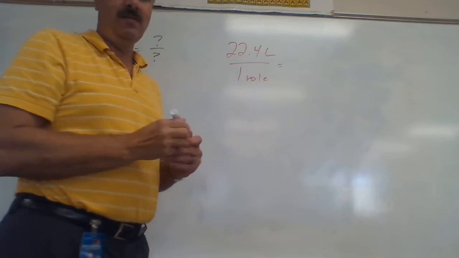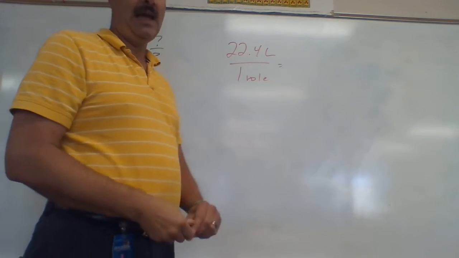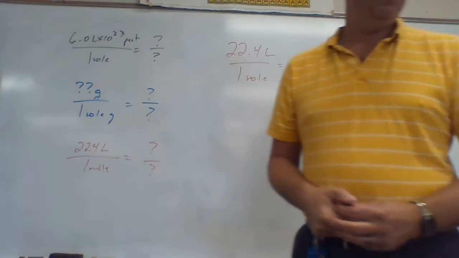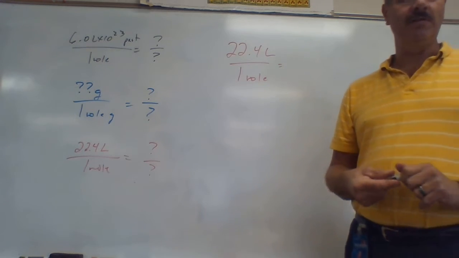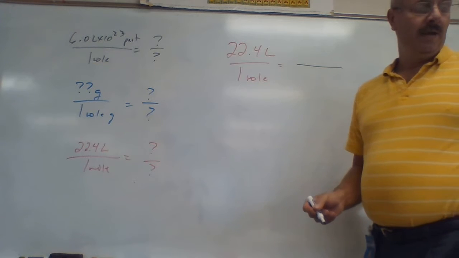The awesome piece of this, if you notice I'm already writing it up there, is that it doesn't matter which gas we're working with. It's always going to be 22.4 liters per 1 mole. So the first one we got 6.53 times 10 to the negative third moles of carbon dioxide. So I go to the other side, moles is on the bottom. So I need moles on the bottom.